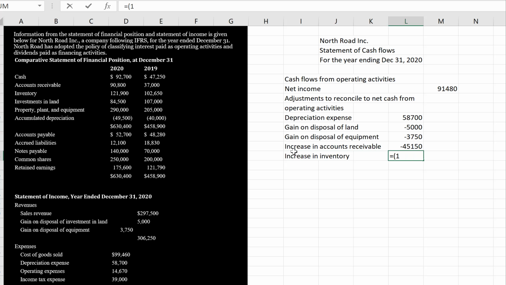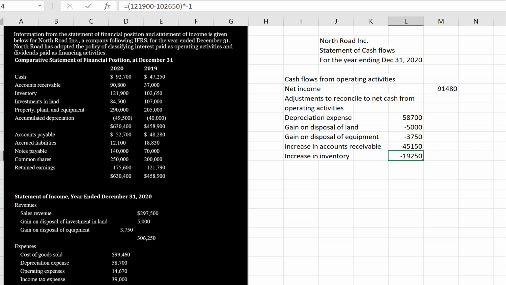So I've got 121,900 minus 102,650, and then I'm just going to multiply it by -1. That's how I manage the signs here. So I've subtracted the increase in inventory because we used cash to buy it. So we need to show it as a cash outflow.